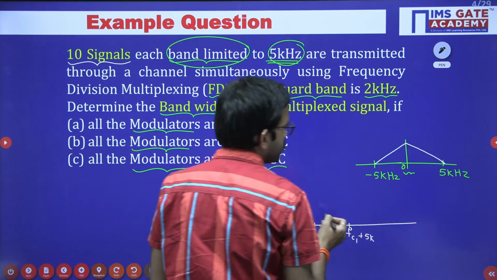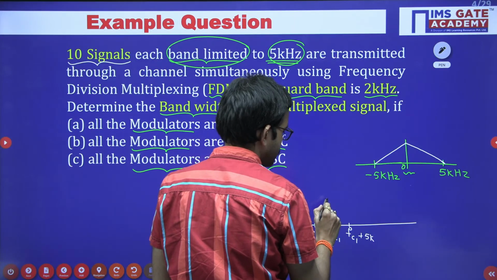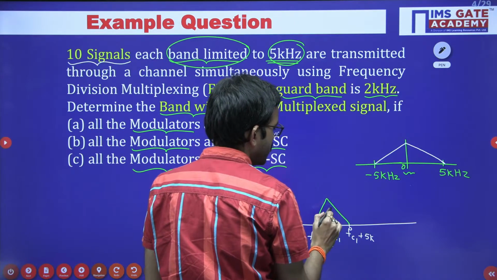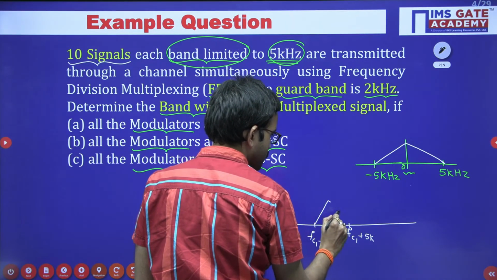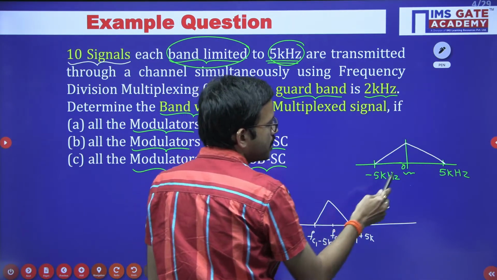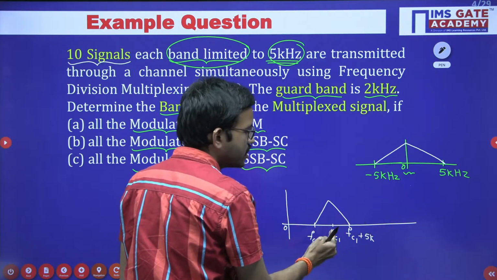Here you are going to get the spectrum. Initially the spectrum was centered around 0, but now we have shifted it to FC1.